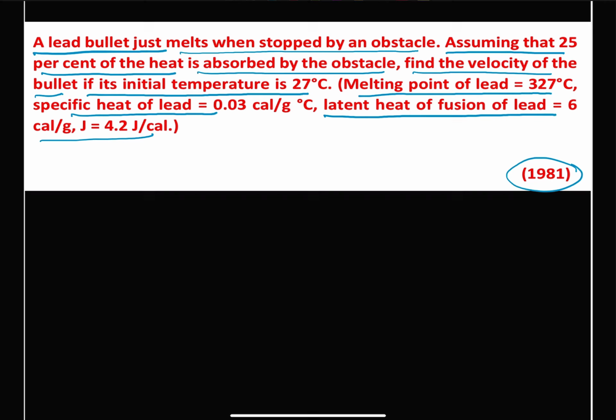So the important part is that only 25% of the heat is absorbed by the obstacle. It means that the energy that will be used for heating the bullet will be only 75%. This 25% is absorbed by the obstacle. So only 75% of the heat will be used to melt the bullet.